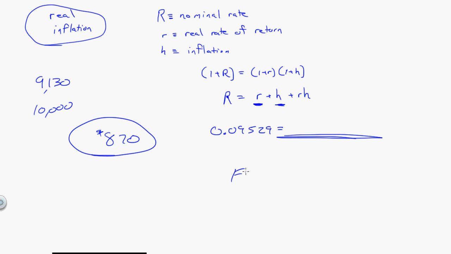Here's the confusing part. You will often see future value equals present value times 1 plus little r to the t. This little r just means interest rate. It's not necessarily talking about the real rate of return. Sometimes that's written as 1 plus i to the t, and sometimes it's 1 plus i to the n.